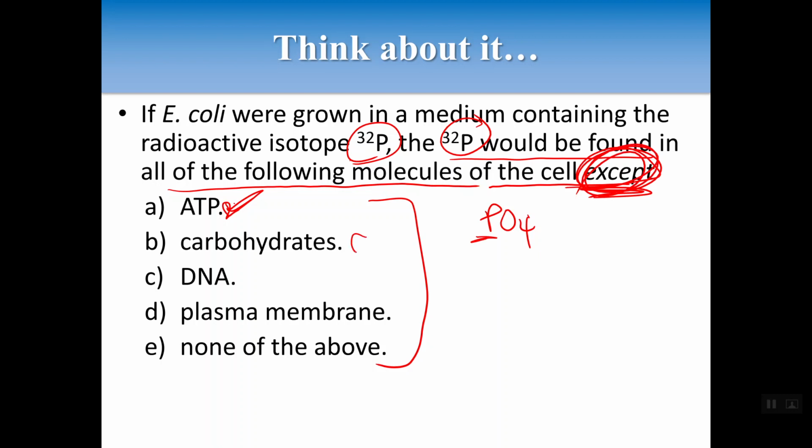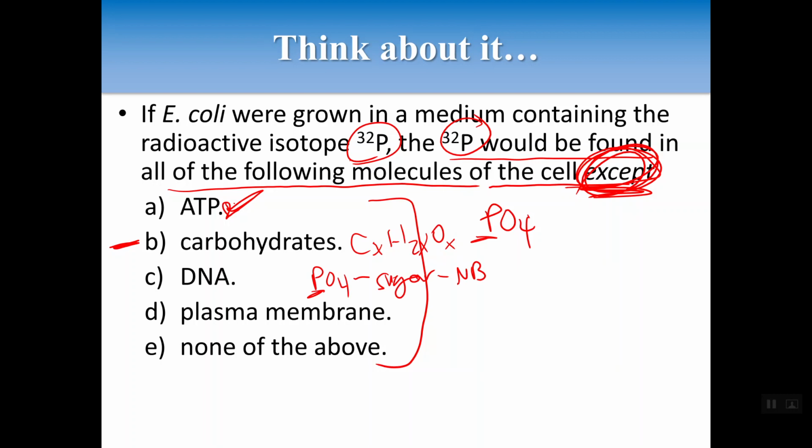Carbohydrates. Again, carbohydrates have CxH2xOx. Do we have phosphate there? No, we don't. So that might be a potential answer. Let's keep going. Just check. DNA we know is made up of nucleotides, which have a phosphate group, a sugar, and then that nitrogenous base attached to it.